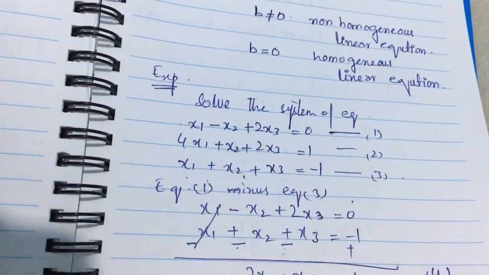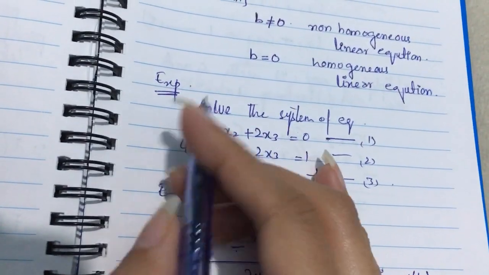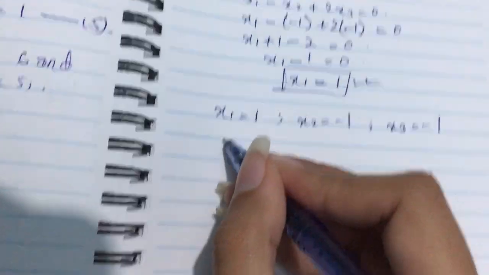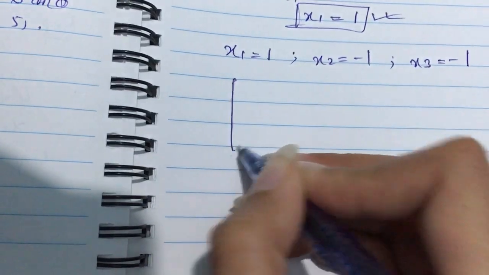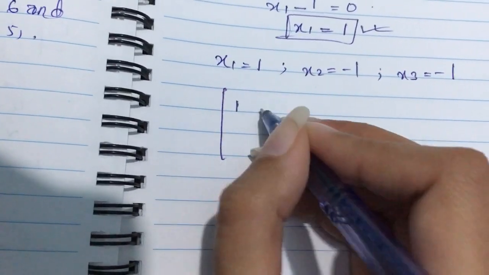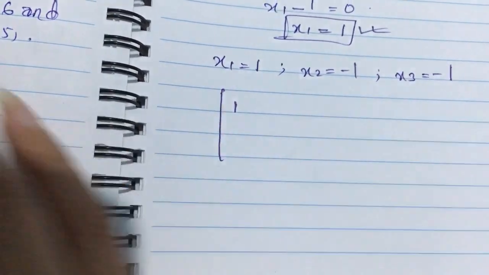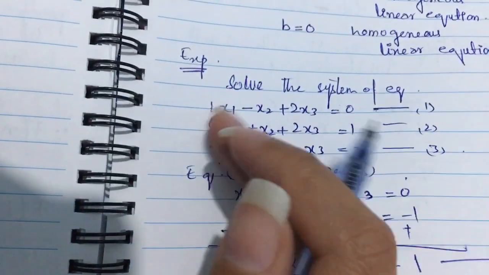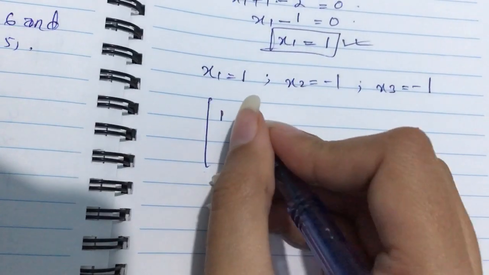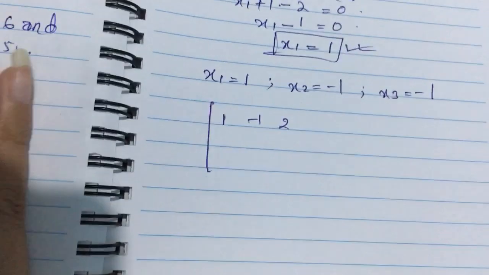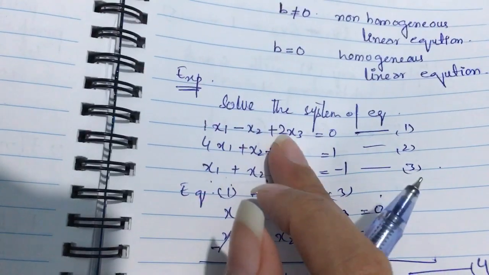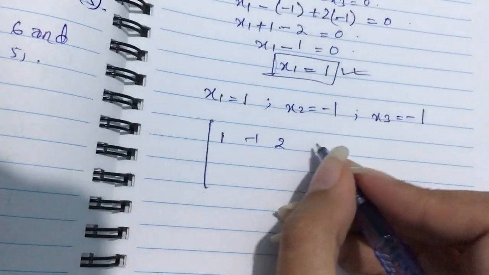Here the coefficient of x1 is 1. So when I write it in the matrix form, I can write 1, then minus 1, then 2, and then 0.